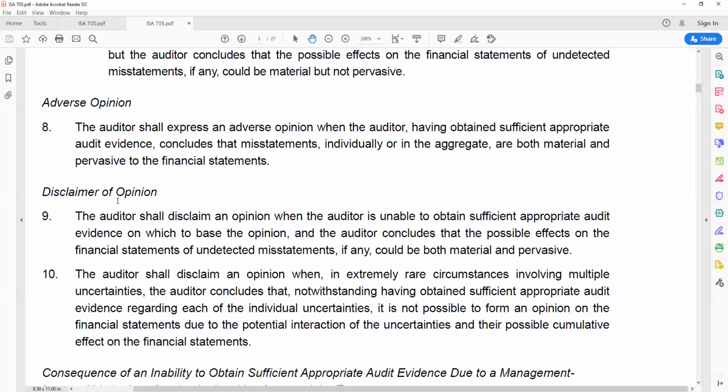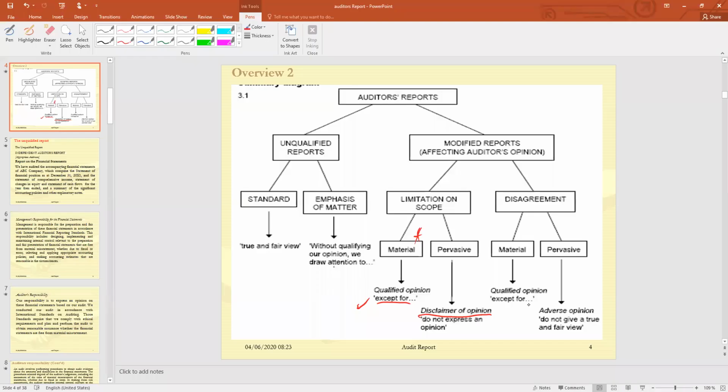Okay, let's go back to our notes. Then we have what we call disagreement on a matter. A disagreement can occur, maybe in how the company is interpreting the application of a given matter.